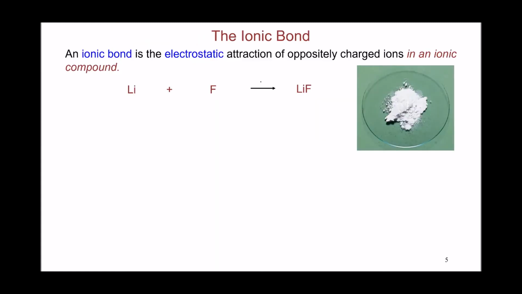So whenever you have a combination of two elements, one metal like lithium with one non-metal, the metal prefers to lose and the non-metal prefers to gain. So what will happen is that the metal will lose an electron and become a plus charge, and that electron will actually be gained by the non-metal.